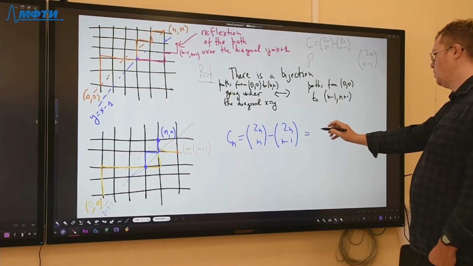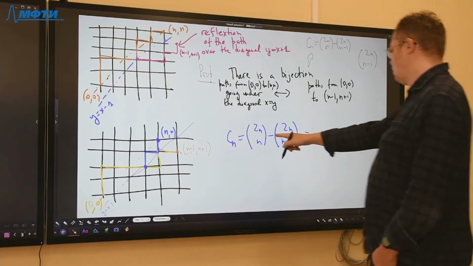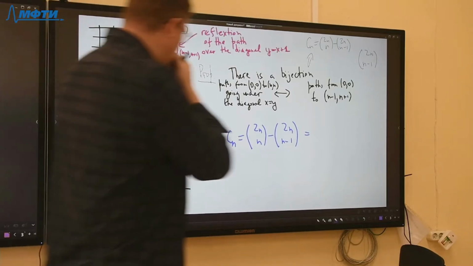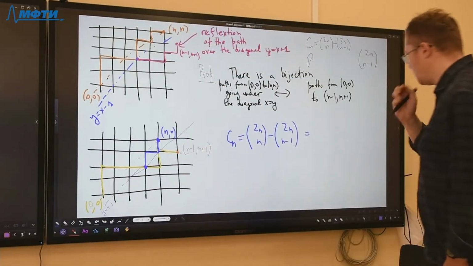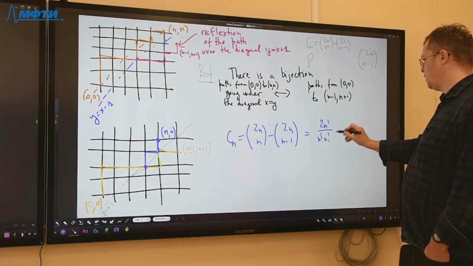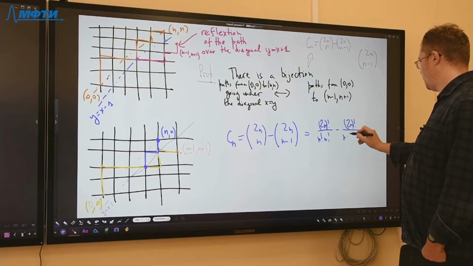We can simplify this formula: this is 2n factorial over n factorial n factorial, minus 2n factorial over n minus 1 factorial n plus 1 factorial.